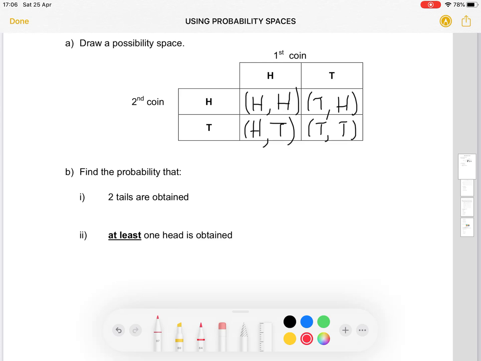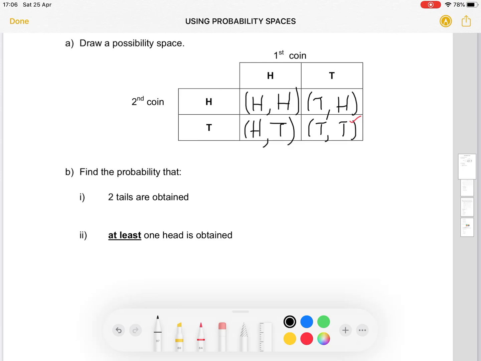I'm going to mark it with a tick, or you can use another sign. So I have only one outcome out of a total of 4. The probability that 2 tails are obtained is only one outcome from a total of 4.